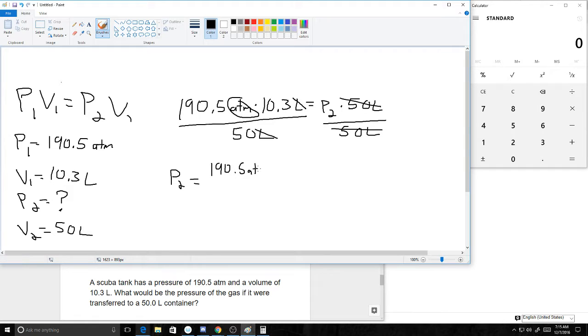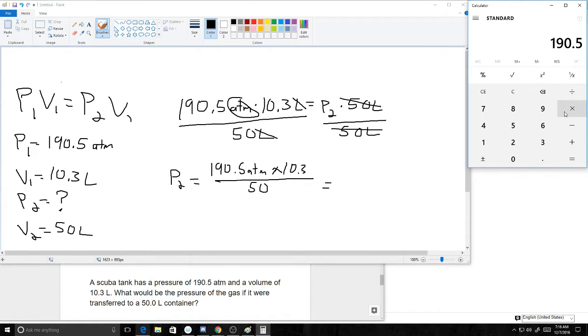190.5 atmospheres times 10.3 all over 50. Now I just need to plug this all into the calculator. So 190.5 times 10.3 divided by 50.